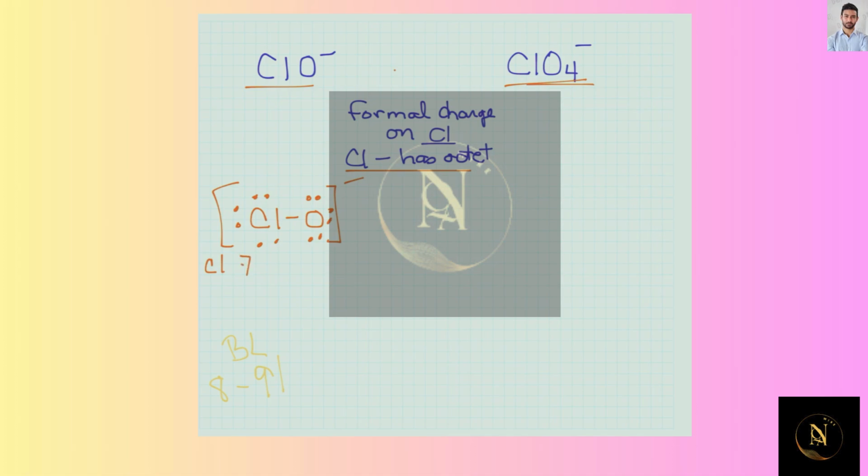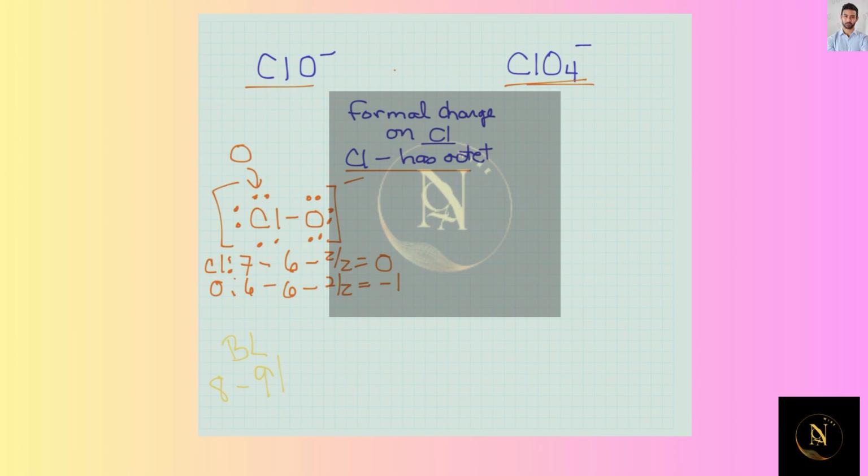Chlorine has 7 valence electrons. Oxygen has 6 valence electrons. So for oxygen, 6 minus 2 over 2 is minus 1. And here, chlorine has 6 minus 2 over 2 is 0. So chlorine has a formal charge of 0 right here.